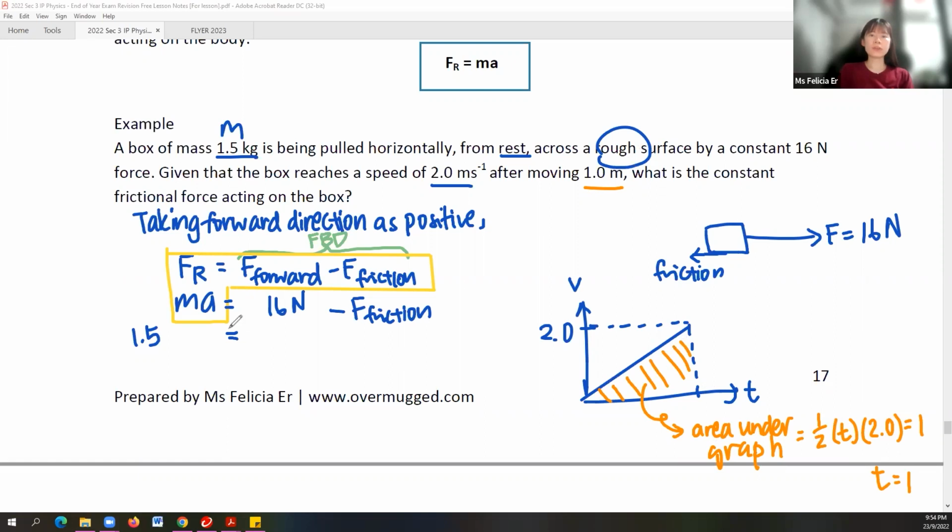So for your acceleration, you can use the acceleration formula, V minus U over T. So it's 2 minus 0 over 1. That's the acceleration. Then you continue to copy the rest.